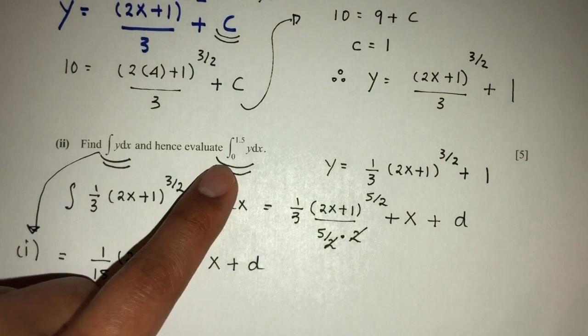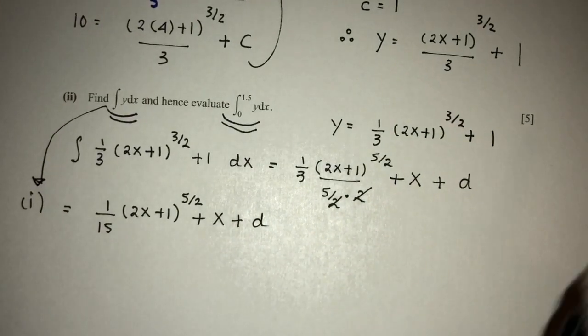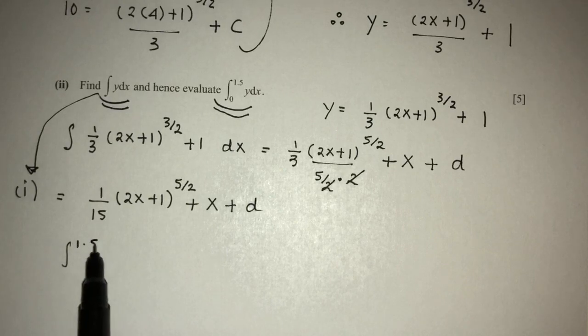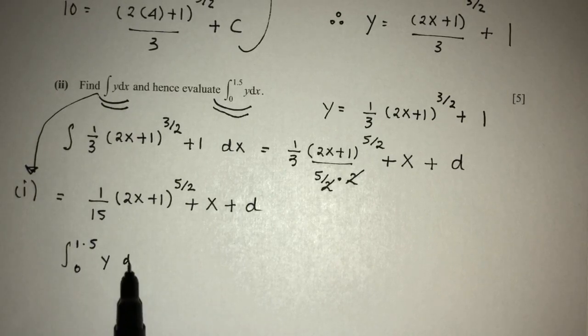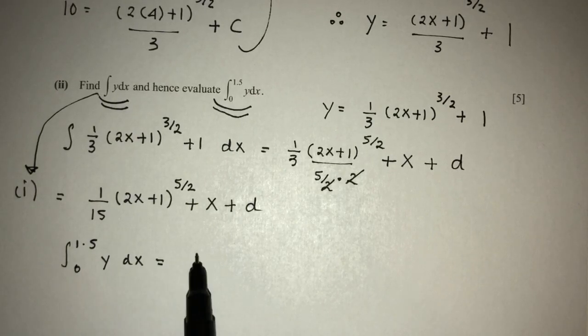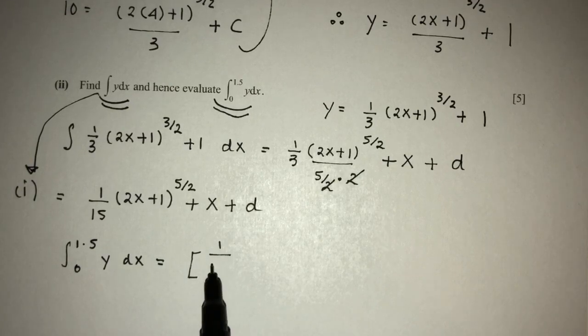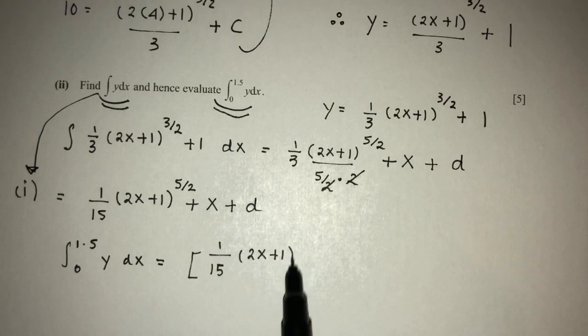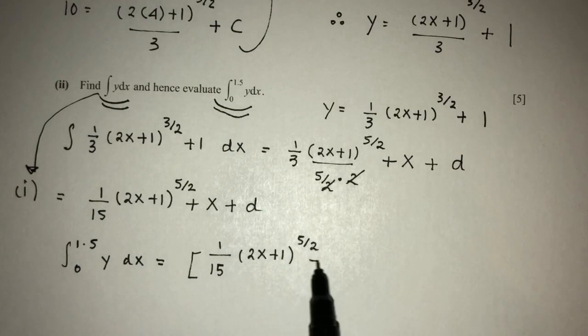Now, hence evaluate this, we have to put limits on this integration. So this will be the integral from 1.5 to 0 of y dx. That will be 1 over 15 times (2x plus 1) to the power 5 over 2, plus x.